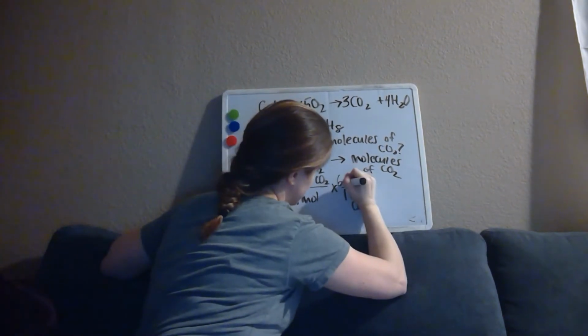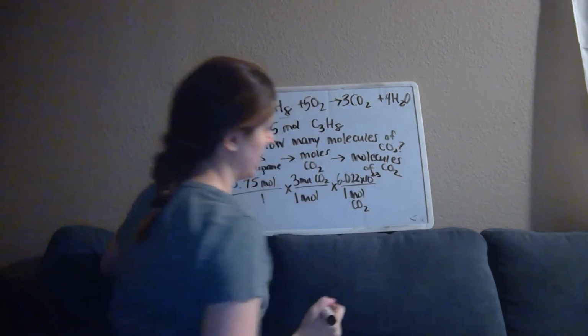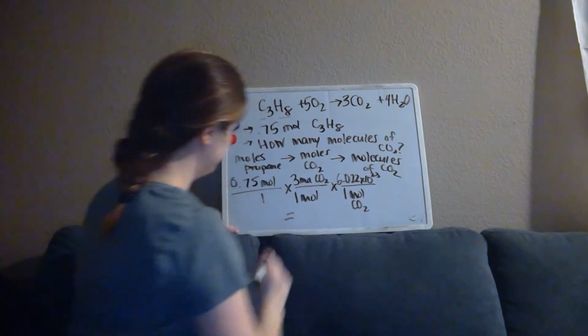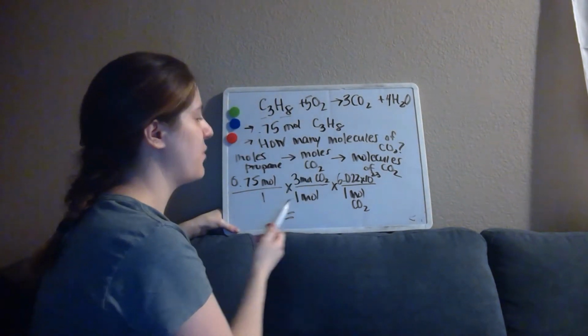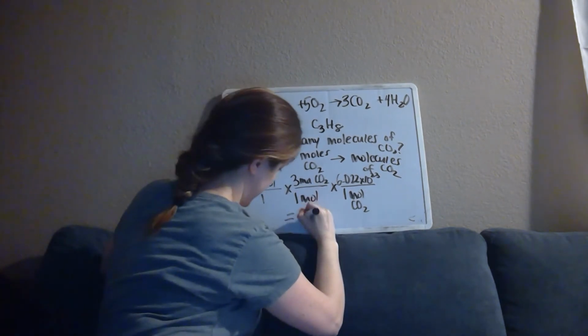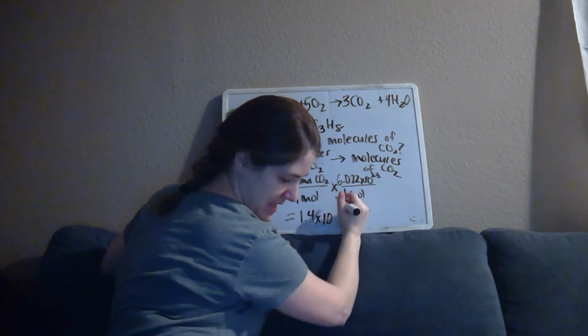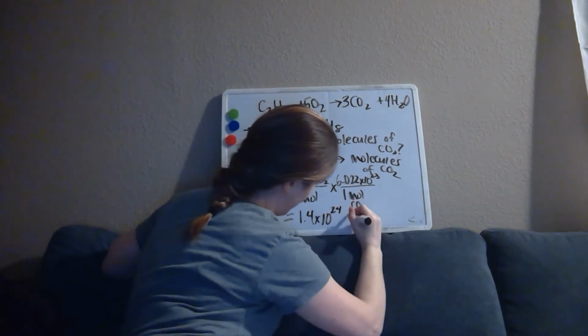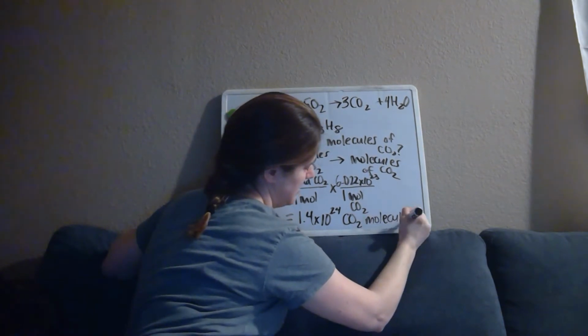There will be 6.022 times 10 to the 23rd molecules. And if you do that math, so 0.75 times 3 times 6.022 times 10 to the 23rd, you will find that you will form 1.4 times 10 to the 24th carbon dioxide molecules.